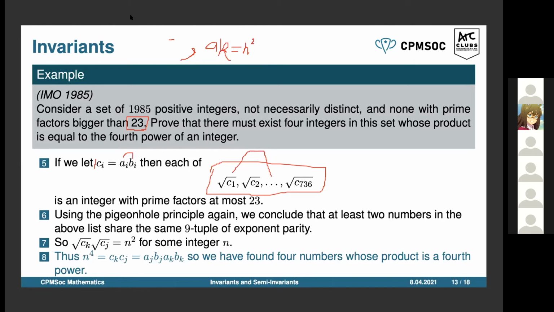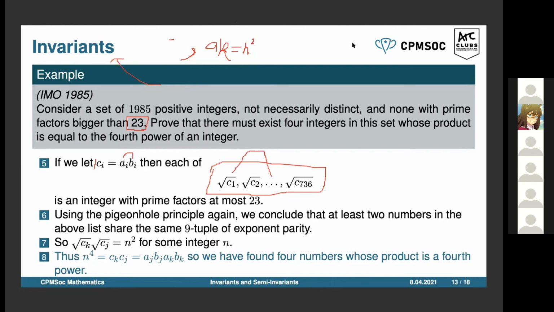What would you say is the invariant here, Yasiru? Let's see. I thought this question was more of a pigeonhole principle type of question, but the invariant could be the fact that for perfect squares, all the exponents in the prime factorization have to be even. So no matter what the perfect square is, it's a necessary and sufficient condition for all the exponents in the prime factorization to be even.